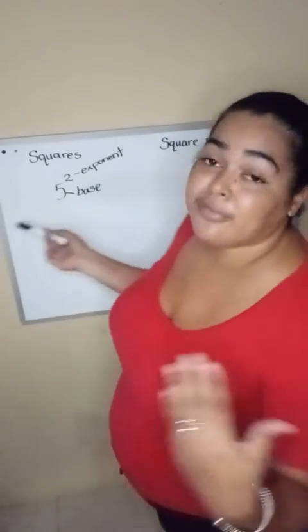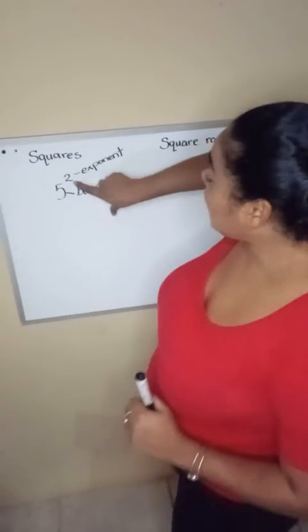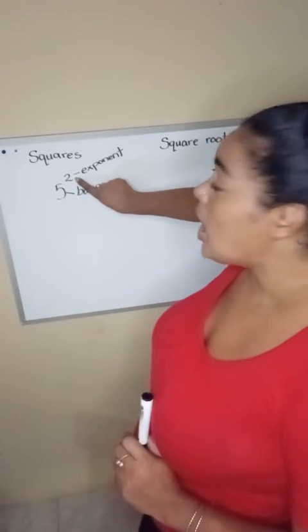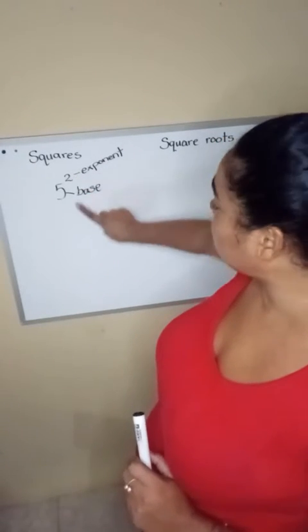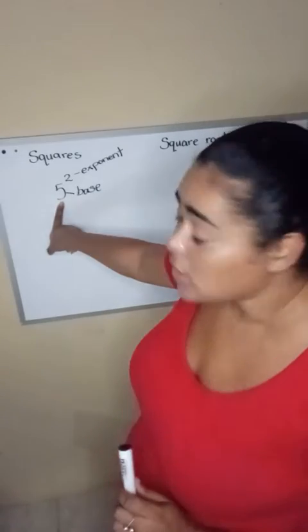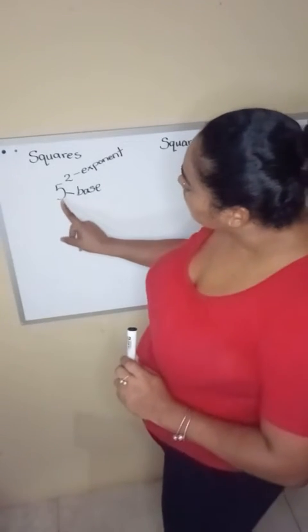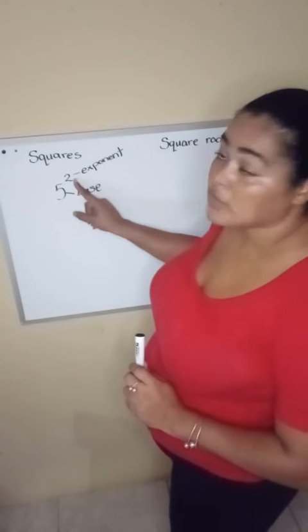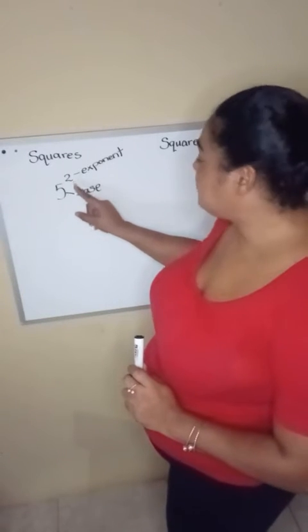Now, for you to find that, you see this little exponent at the top? This tells you how many times you're going to multiply the base by itself. Okay? So, you're going to multiply this number by itself how many times? 2 times, right?